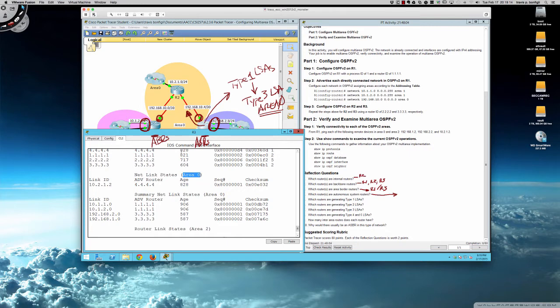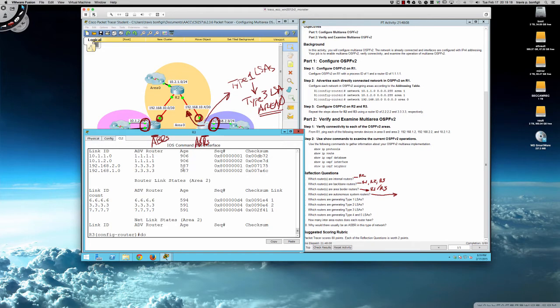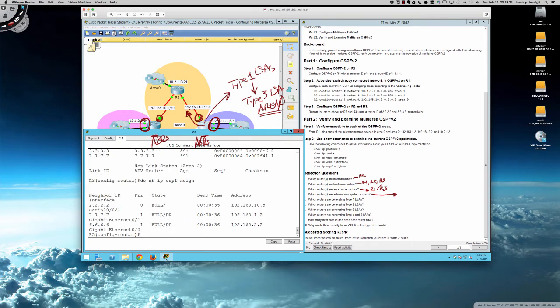And so if we were to type in, I'll come back to that, do show IP OSPF neighbors, do I see a DR and a BDR? Well, I do, and again, this is off over here in the cloud to the right, area 2, right? So this is in area 2.